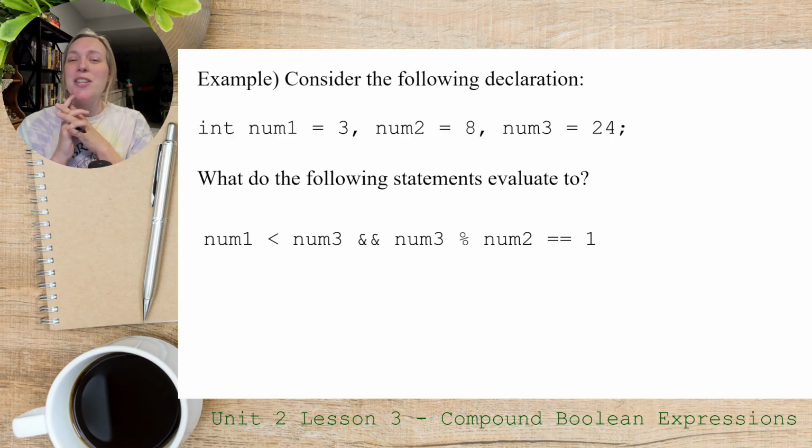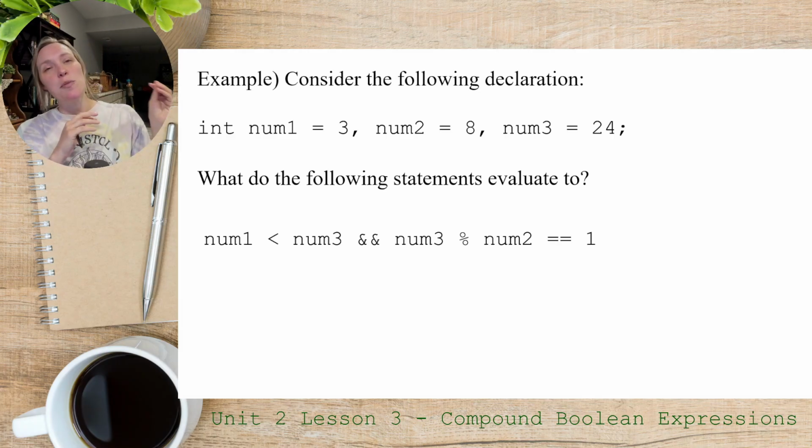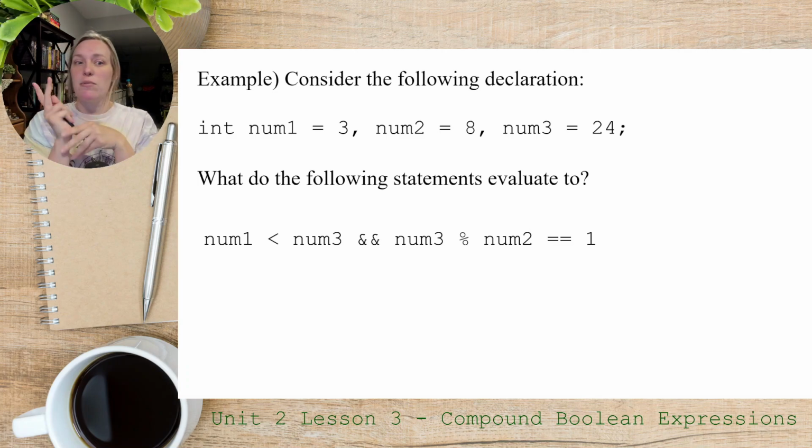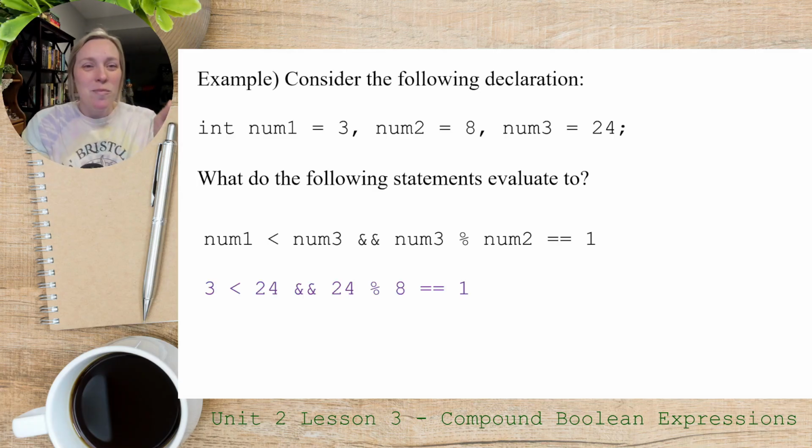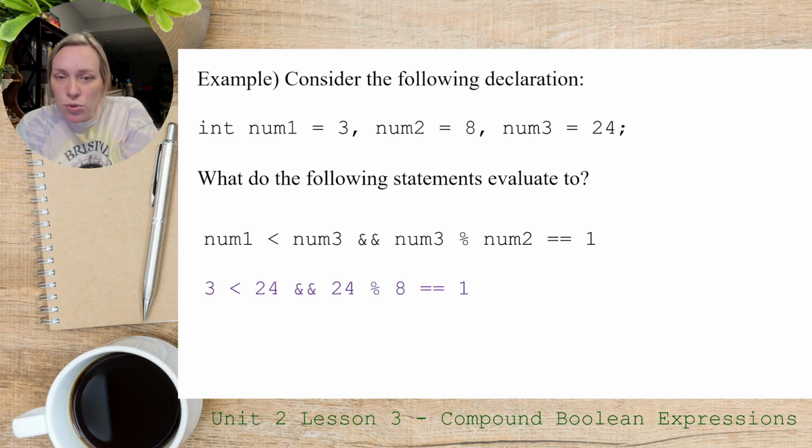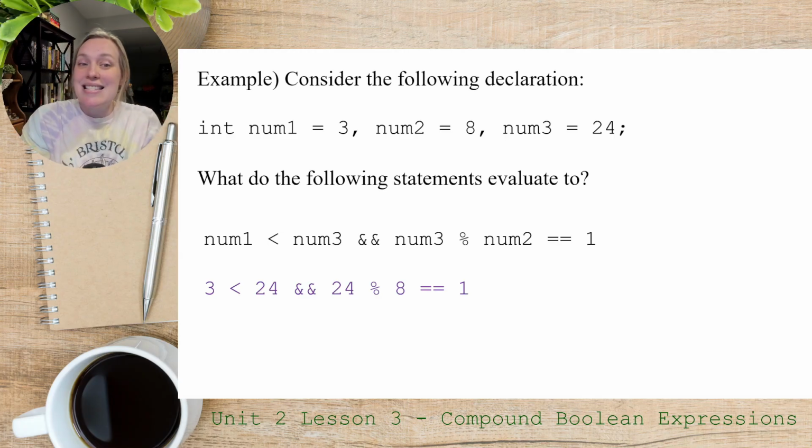When you're looking at what the statements evaluate to, like how we substituted in values for the Booleans, I recommend doing the same thing here and substituting in the values. Num1 is 3, num2 is going to be 8, and num3 is 24. So put those values in.